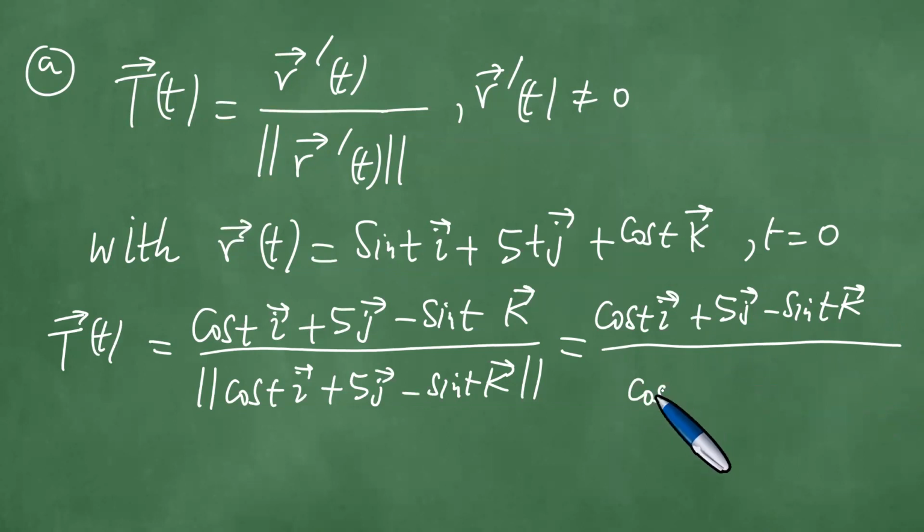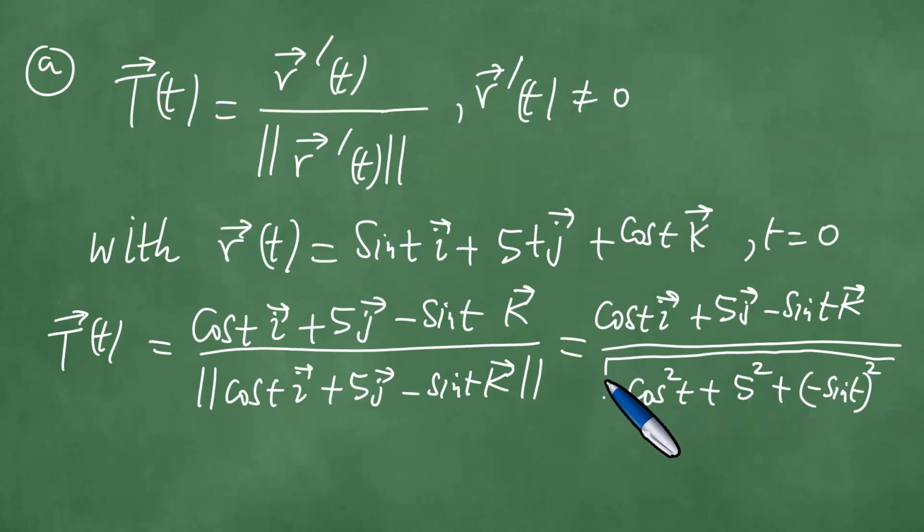And in the denominator, then we have cosine squared t plus 5 squared plus the minus sine squared. And what do we do here? We put the square root like this. And now, with that said, what do we obtain from this here?